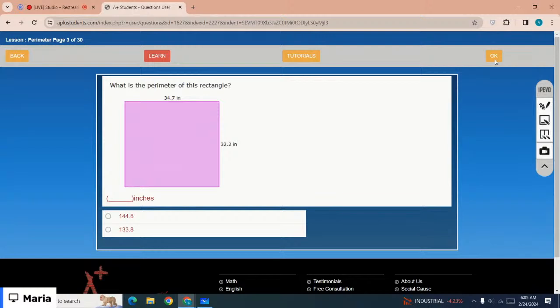So which is the correct option? Yes, the correct option is 133.8. Option number 2 is the correct option.